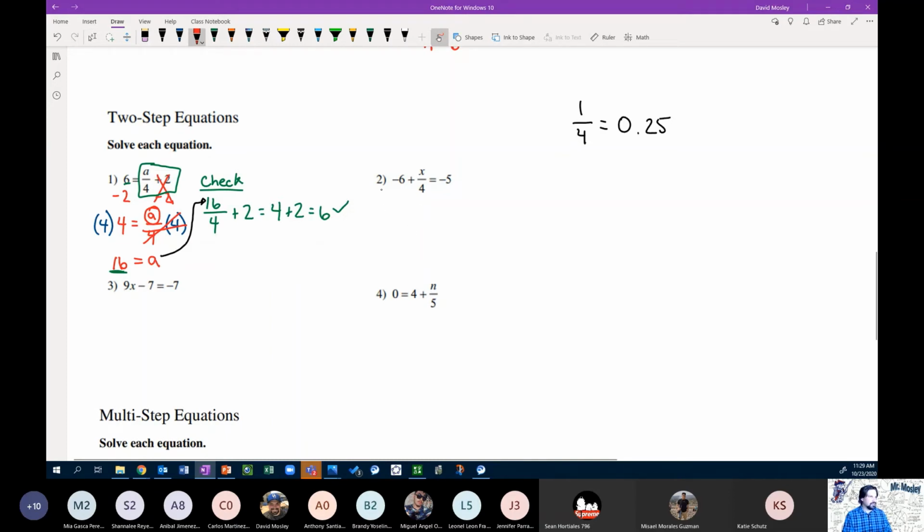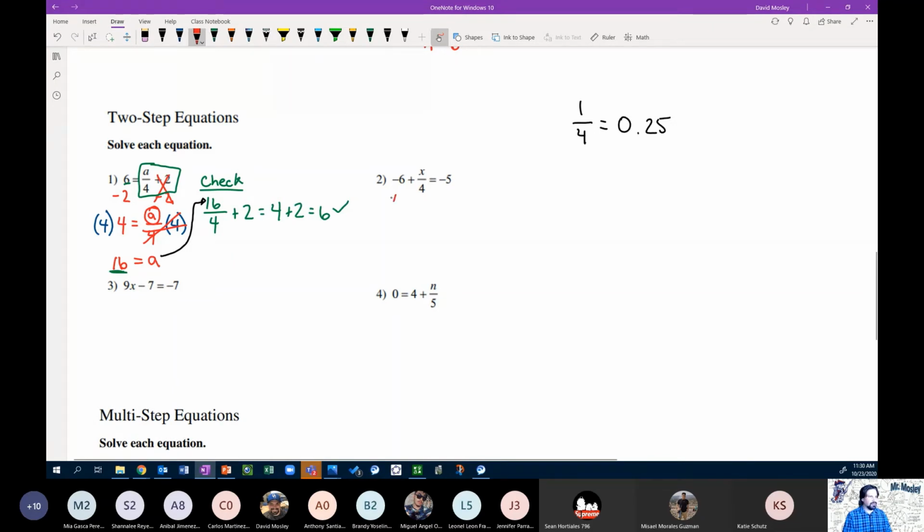All right, número 2. We have negative 6 plus x over 4 equals negative 5. El primer paso es sumar 6 a los dos lados.